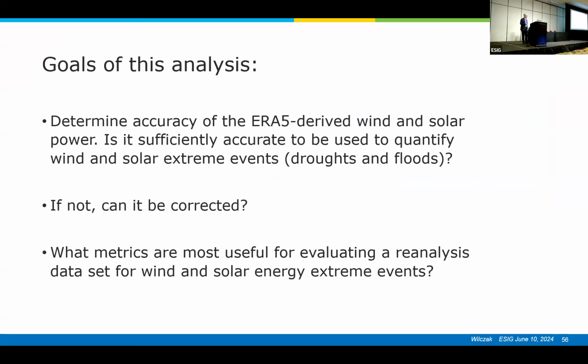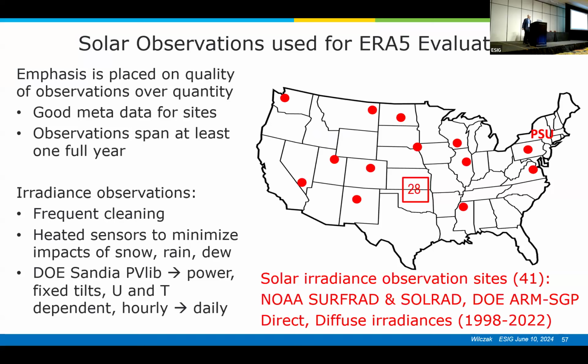And if the ERA-5 is not sufficiently accurate, can it be corrected? And then the third point is to develop some metrics and tools that would be useful for evaluating not just ERA-5, but any reanalysis data set for wind and solar extreme events.